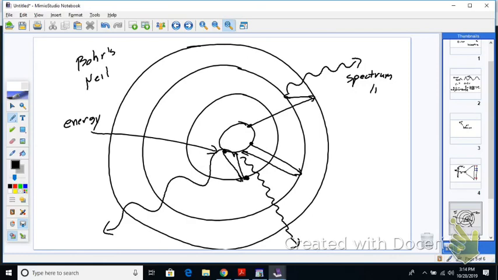Now it may not show up on the visible spectrum because we have blinders on and we can only see what colors? What colors can we see? Red, orange, yellow, green, blue, violet. Can we see ultraviolet? No. It's over here. I can't see it. Okay, can I see infrared?